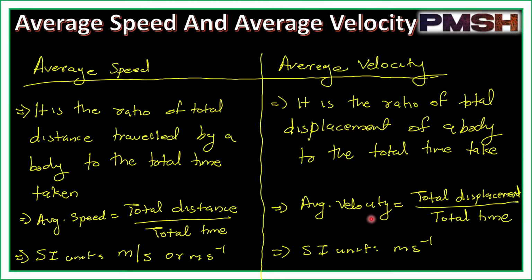So average velocity is total displacement by total time. You understand the difference between both concepts: on one side it is a scalar and on the other side it is a vector. The SI unit is similar, meter per second. We will understand how to use the concepts of average speed and average velocity in numerical questions. So you can take a note of it.